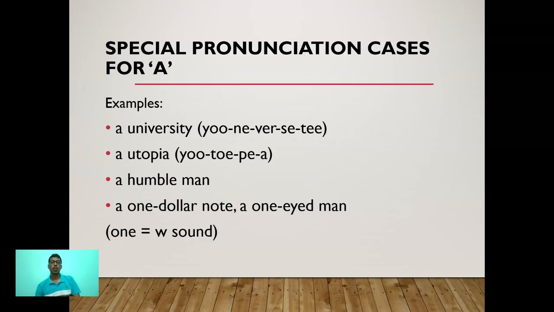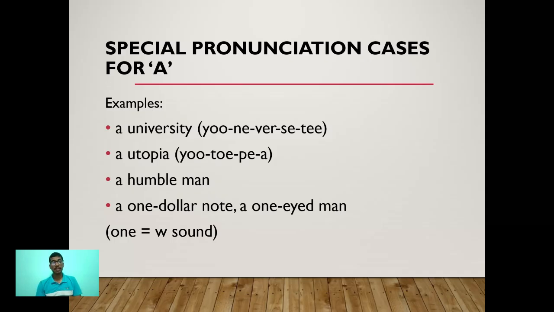So it is a university, a utopia, a humble man, a $1 note, a one-eyed man. Here, one, though it starts with a vowel letter, the sound is not a vowel, rather it is the consonant sound W. So a $1 note, a one-eyed man.